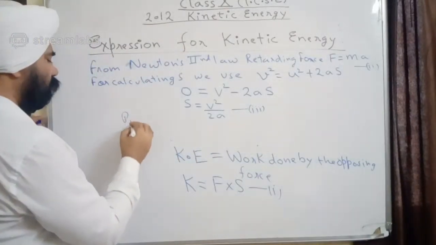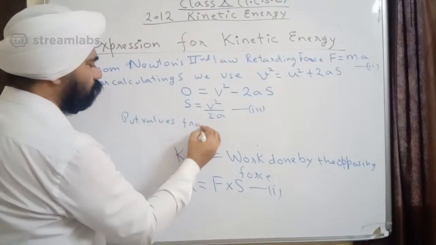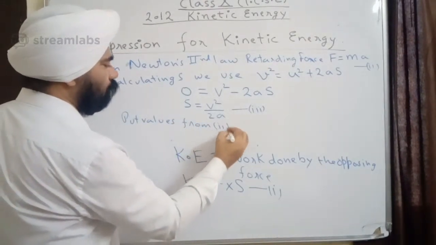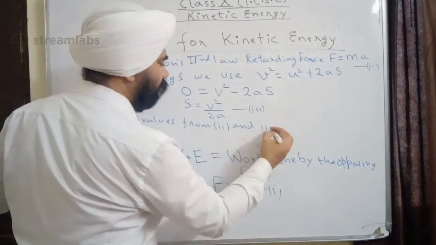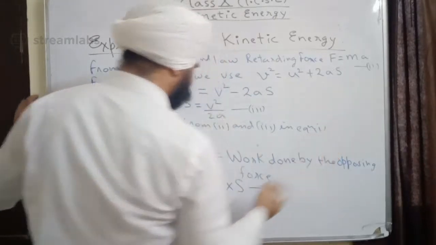So we put values from 2 and 3 in equation 1. What does it become?